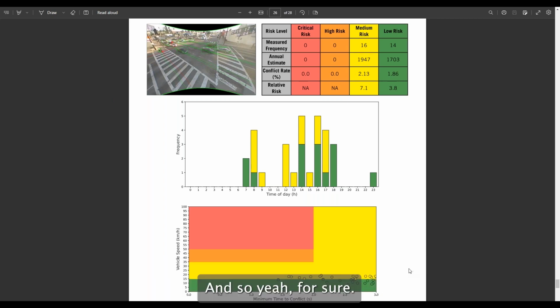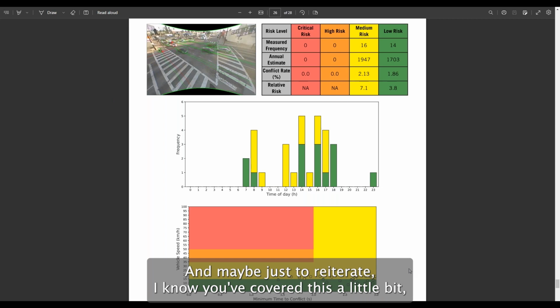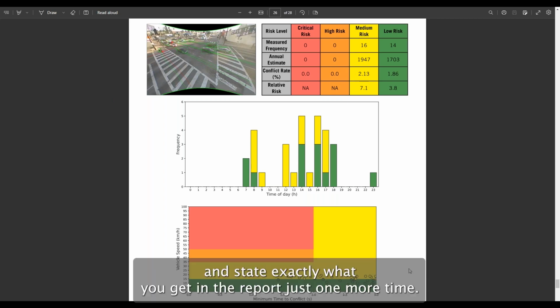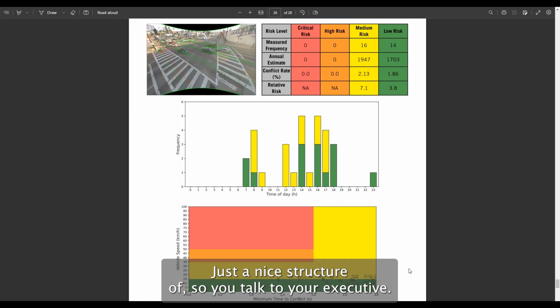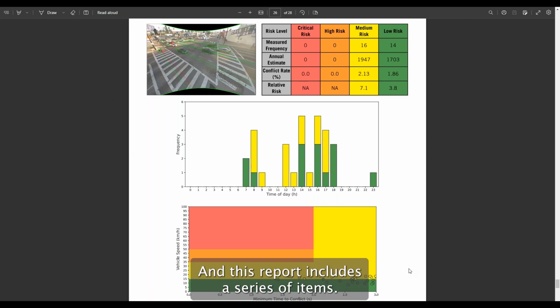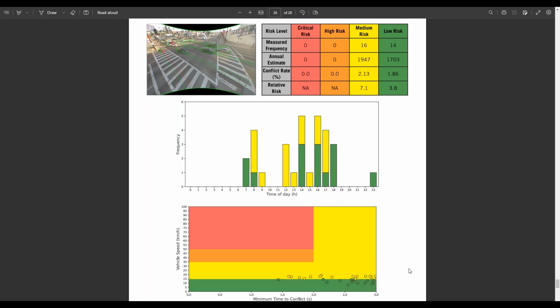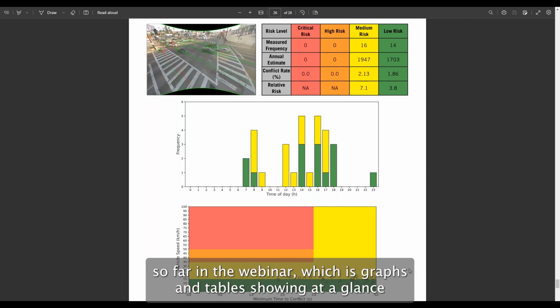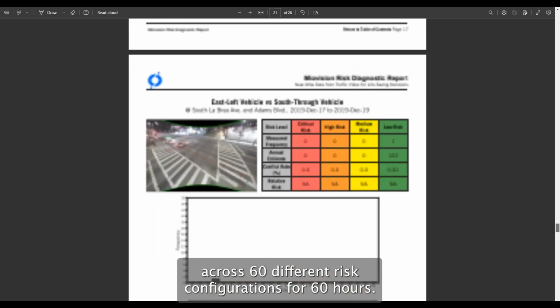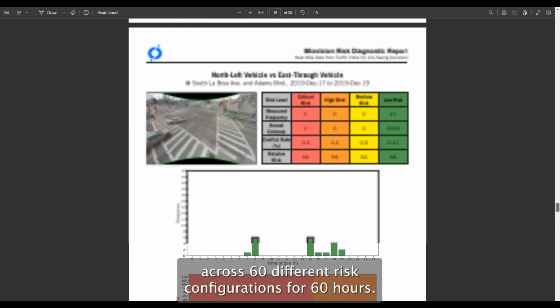Maybe just to reiterate, I know you've covered this a little bit, can you clarify exactly what you get in the report one more time? You talk to your executive, we get the camera set up, and then you get this report. The report includes the things we've shown so far in the webinar, which is graphs and tables showing at a glance the frequency and severity of near misses across 60 different risk configurations for 60 hours.